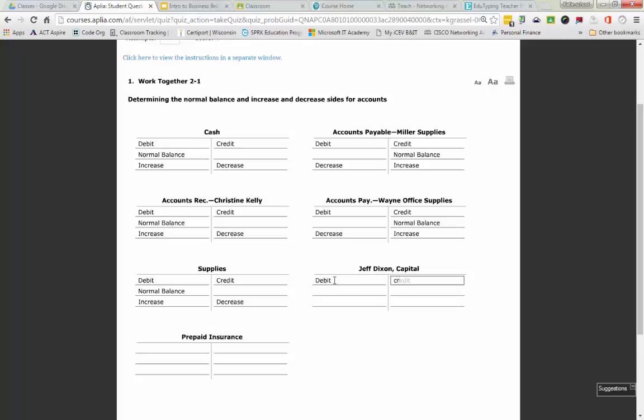Right side always called credit. Caden, Jeff Dixon Capital is what type of an account? Nope. Asset, liability, owner's equity. I'm sorry, say it again. Owner's equity. Owner's equity is on what side of the accounting equation? So its normal balance is? Thank you.